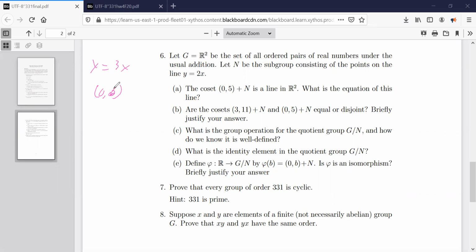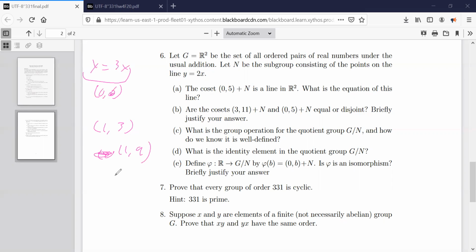It means that I'm looking at a whole new cluster of points, right? So if I give you a point on this line, (1, 3). Sure, yeah. So if I deal with (1, 3), and then I add (0, 6), what do I get? (1, 9).